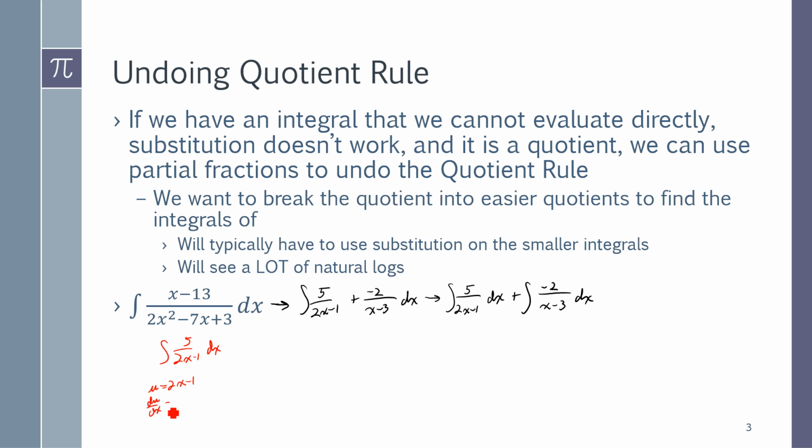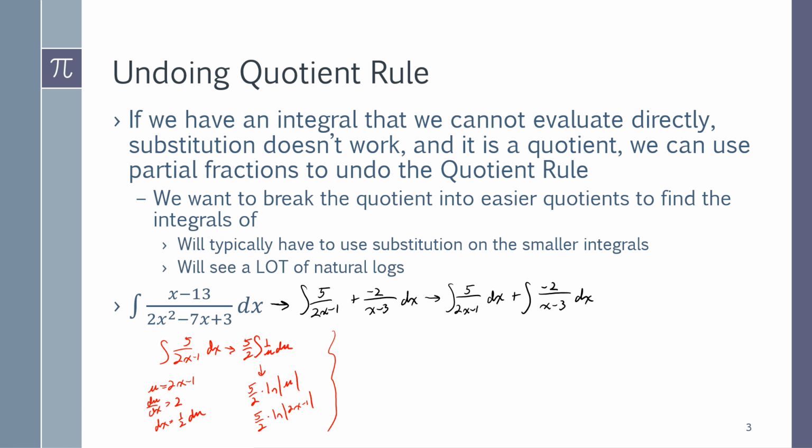So I'm going to try substitution. So this would be 5/2 the integral of 1 over u du, which is 5/2 times the natural log of the absolute value of u, which would be 5/2 times the natural log of the absolute value of 2x minus 1.